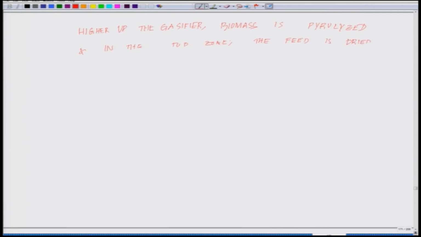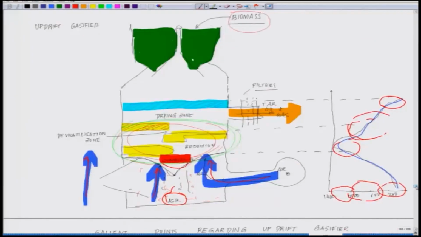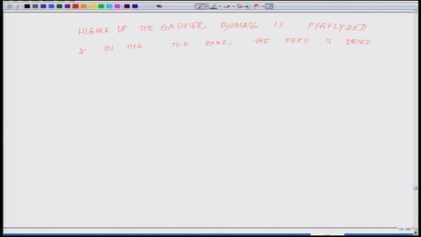That is what you have seen, the drying zone. If you follow the picture, this is the drying zone where the feed is getting dried, and the gas is cooled to around 200 to 300 degrees centigrade, which you can follow.